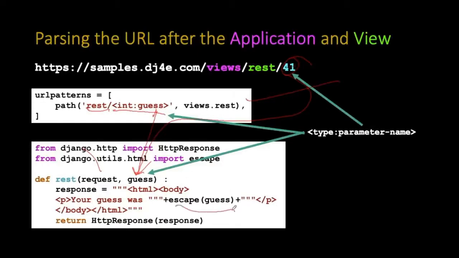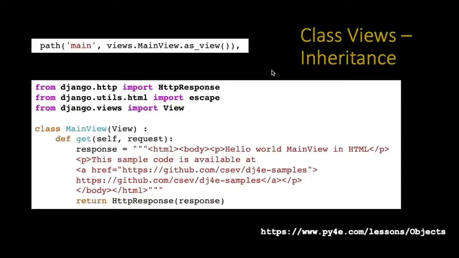I am cleverly escaping it before I concatenate it, and then I return a text-based HTML response with some HTML back to the browser. So this escape is there just because of cross-site scripting. I'm still taking this value, still coming from the user. So if any value comes from the user, you have to properly escape it before you show it to them.